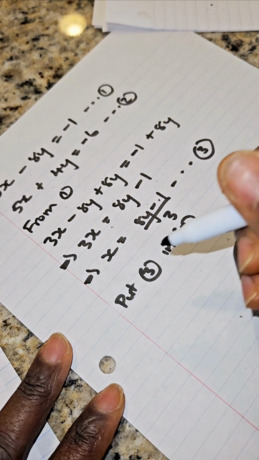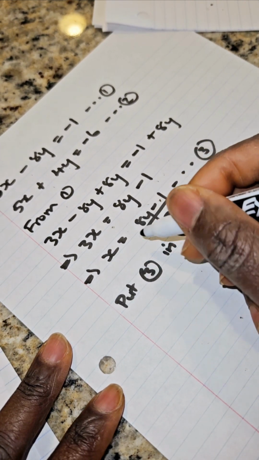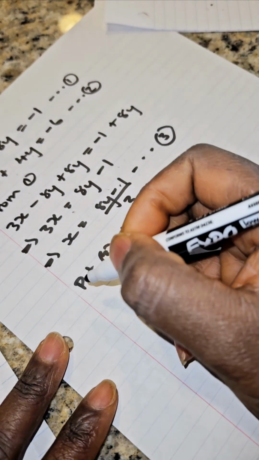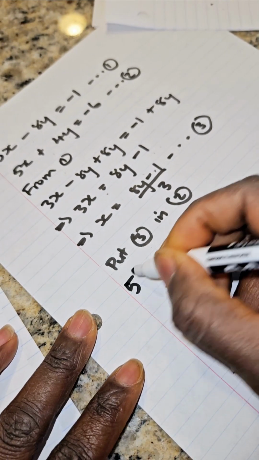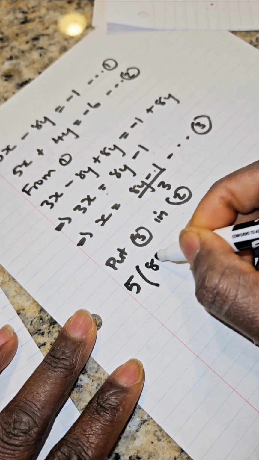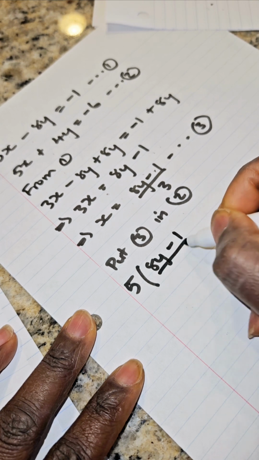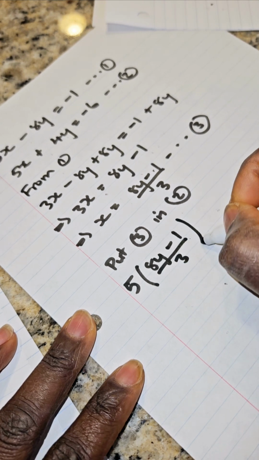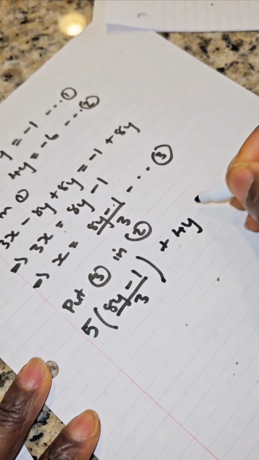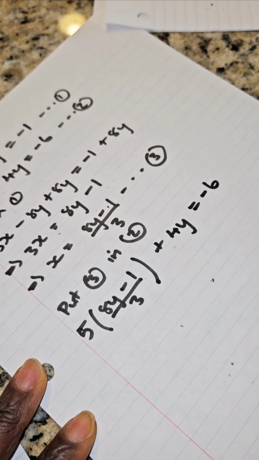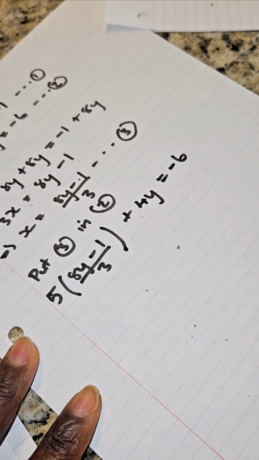That said, we are now putting 3 in equation 2. That means in the place of x, I'll put this entire value. So I have 5x, which is 5 times 8y minus 1 divided by 3, plus 4y equals negative 6. Now try to simplify this.